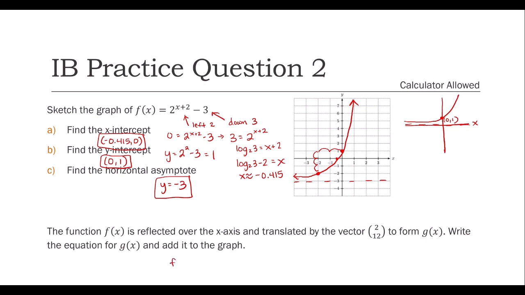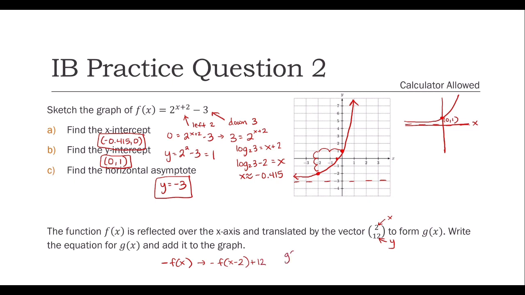So our f of x is reflected over the x-axis, so we'll have a negative on the outside, and translated by the vector (2, 12). So 2 means we're adding 2 to x, and 12 means we're adding 12 to y. So that'll be our negative f of x minus 2 plus 12.